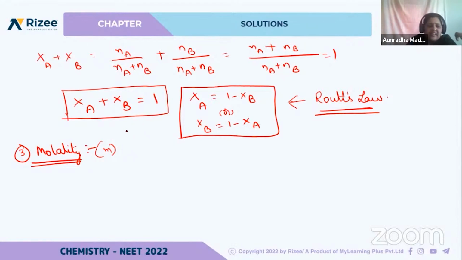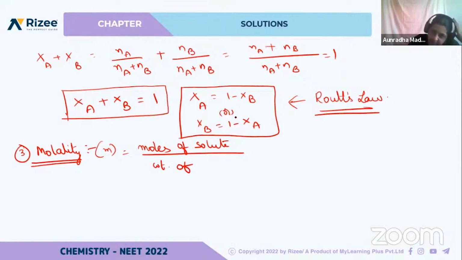So what is molality? Moles of solute present per kg weight of solvent. Listen carefully: moles of solute present in the weight of, anyway we take weight only here, since in temperature independent terms it is not volume. The weight is of the solvent, not the solution, and that too in kgs.